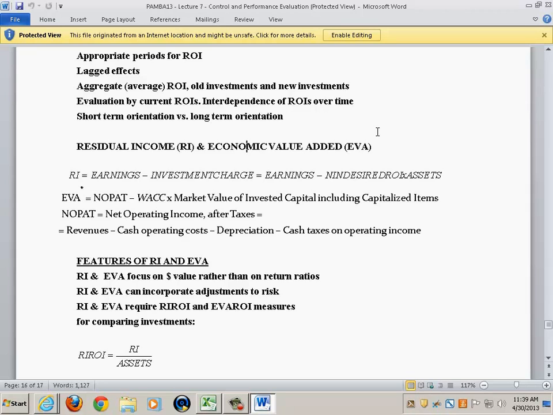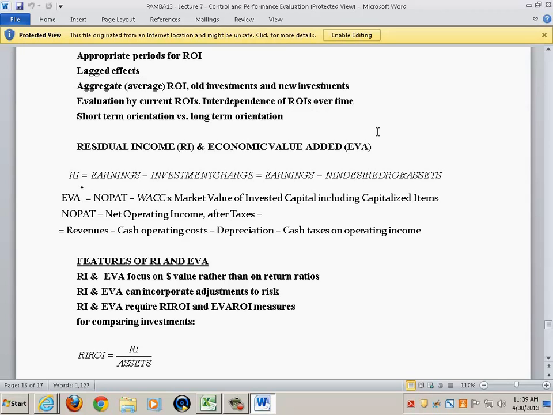So you come up with 12%, and you multiply it by the level of your assets to ask yourself, if my minimum required rate of return is 12%, how much do I have to generate to satisfy this minimum requirement?